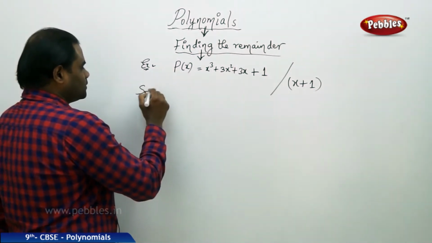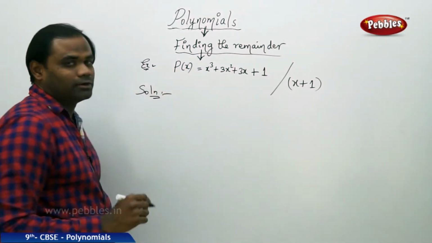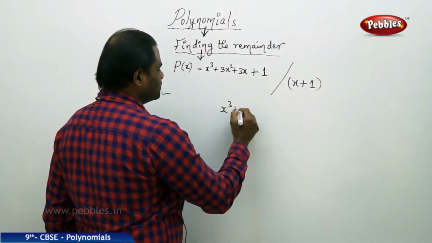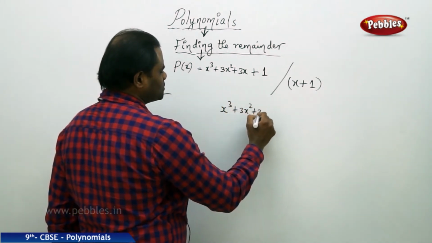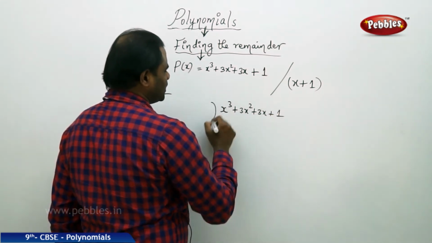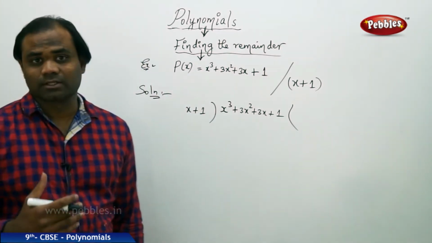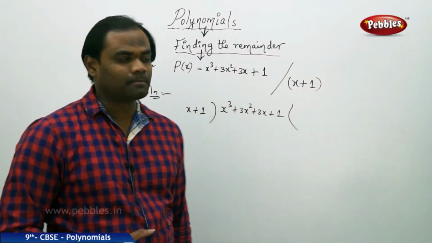As we know, the long division method for dividing polynomials has the dividend taken in the middle, x cubed plus 3x squared plus 3x plus 1, and the divisor taken on the left. That is how we start with the construction process.